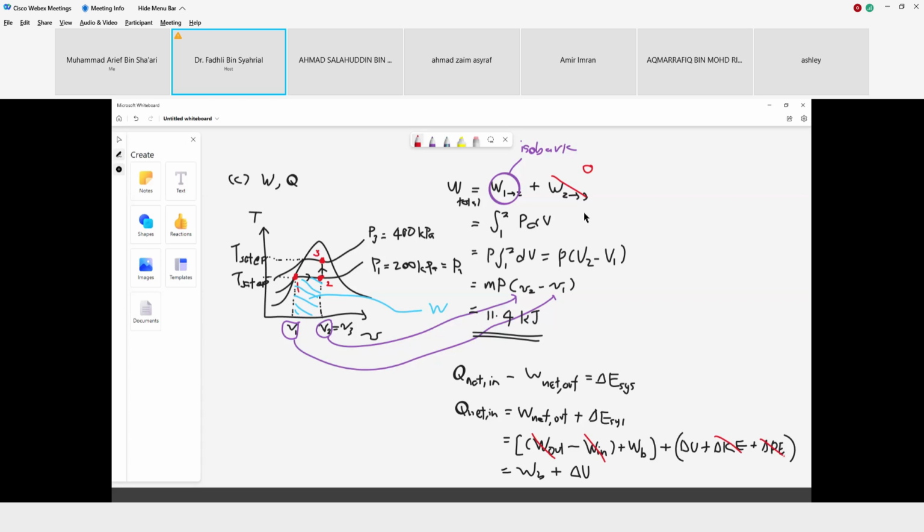The elevation of the system is not changing, it remains on the ground. So therefore PE equal to 0. Now we have WB and delta U. So it's very simple, the same as what we did in the previous question.